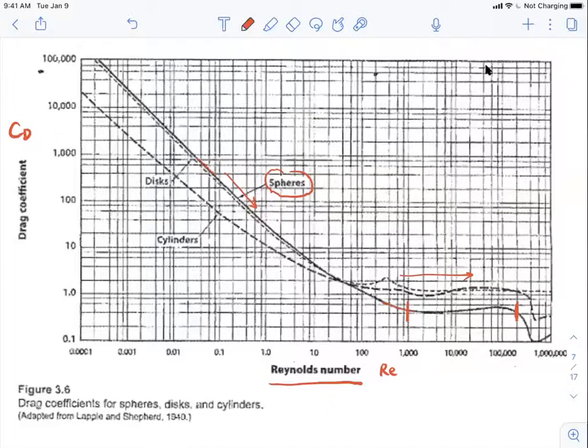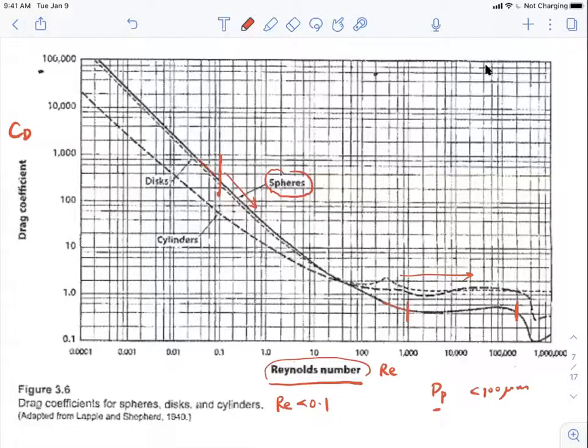But it turns out that when the Reynolds number is smaller, especially when we're focusing on smaller particle sizes, let's say below 100 micron or even smaller, we get into a scenario where the drag coefficient is not a constant anymore. When the Reynolds number is relatively small, let's say below 0.1, in this range, it's almost a straight line.